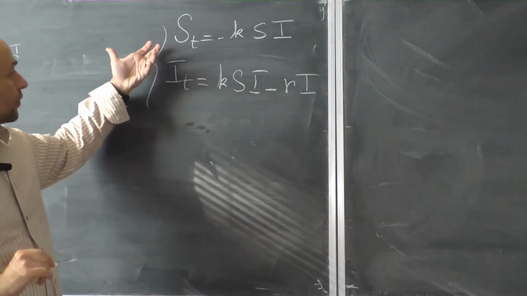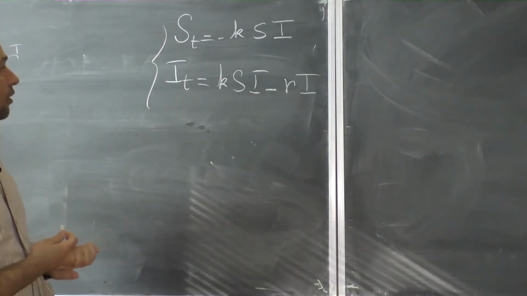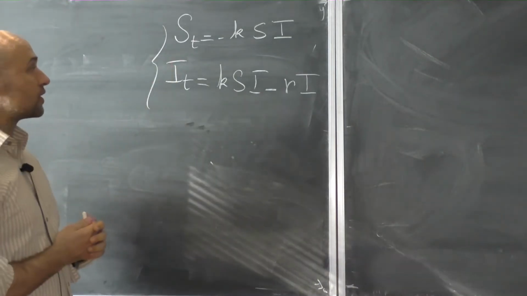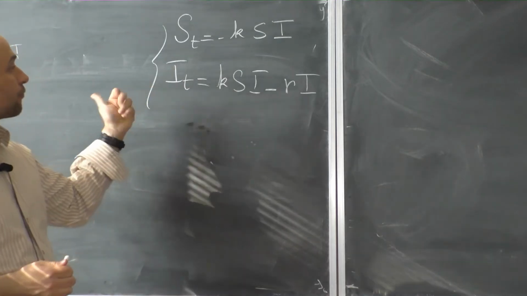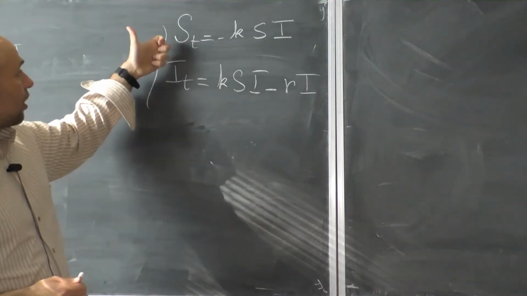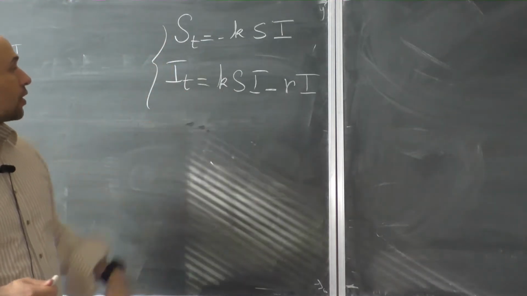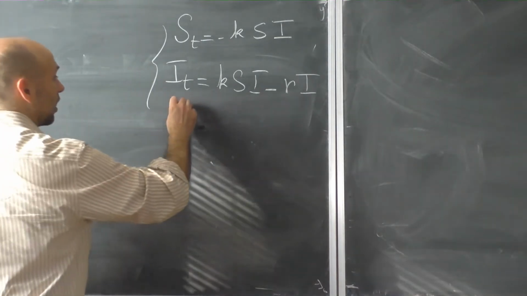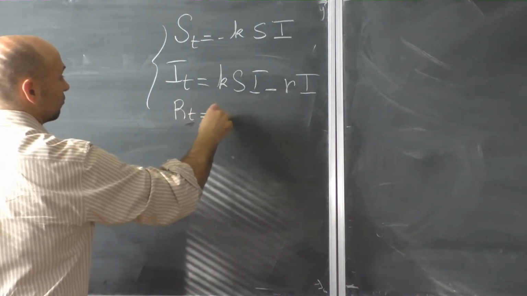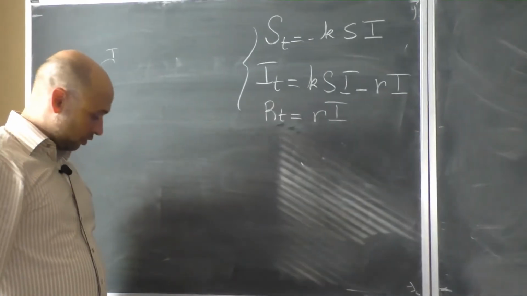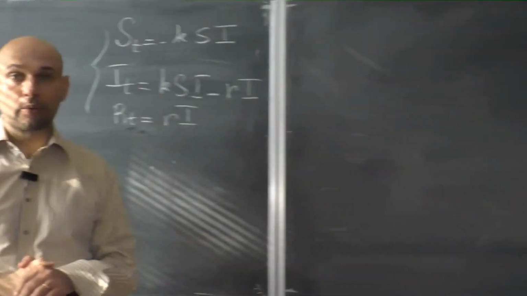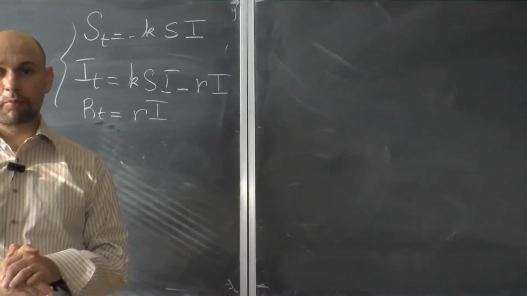Here I have a two-dimensional dynamical system, a two-dimensional ODE, which has two variables. But well, we add R of t to give meaning to the recovered people, right?